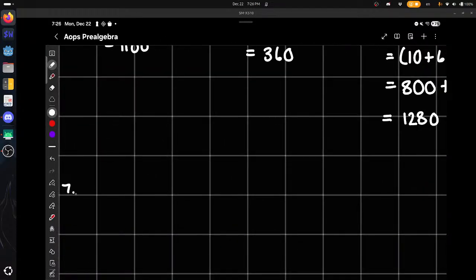Next problem. Problem 7. Find numbers A, B, and C such that A is not equal to... Oh, find an example that addition does not distribute over multiplication. So you have to find some terms where this is not true.